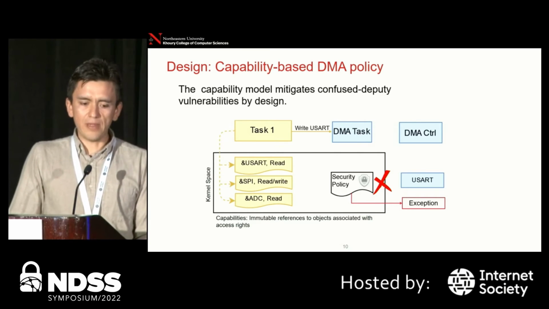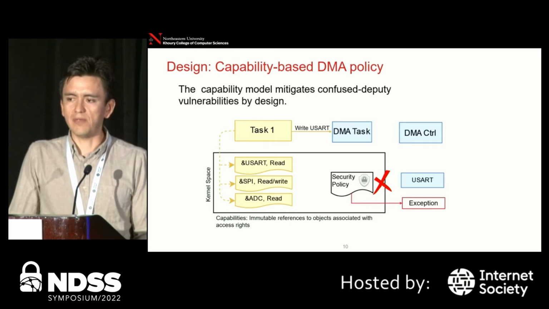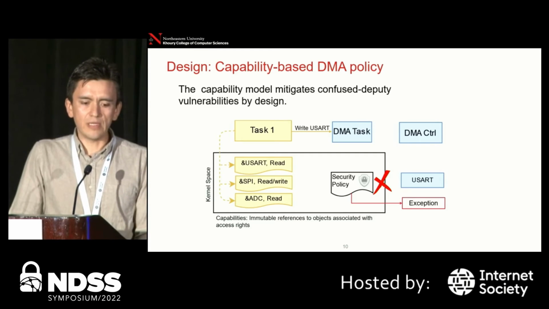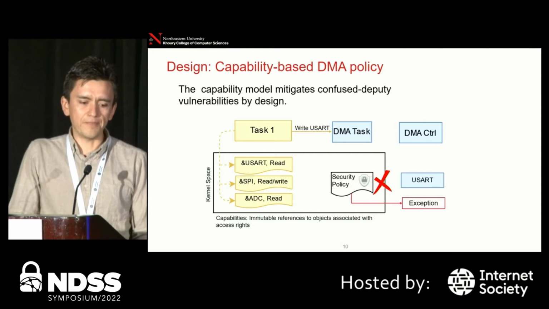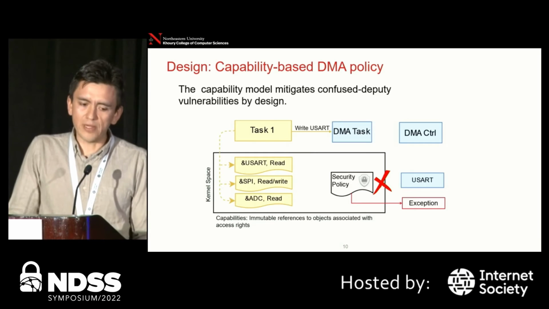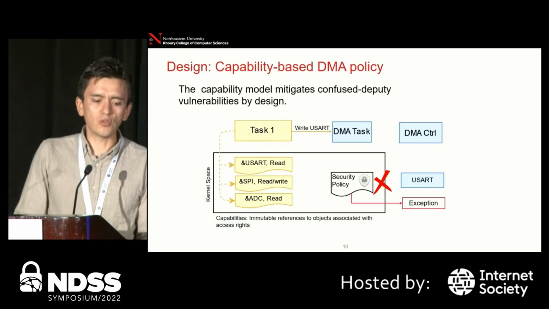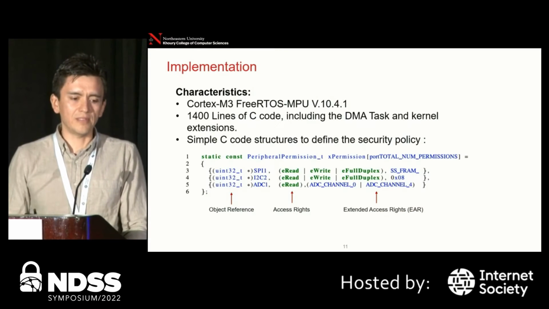We use the capability-based model because it mitigates confused deputy vulnerabilities by design, which, in comparison with other models like access control lists, the mitigation of this type of vulnerabilities requires complex validations that are error-prone and not suitable for embedded devices.